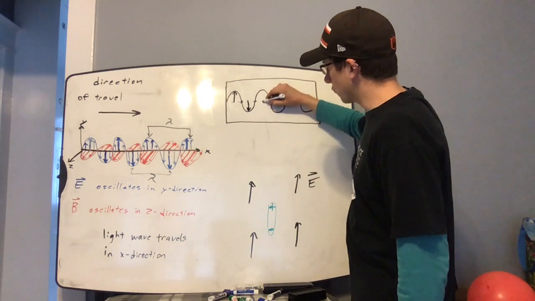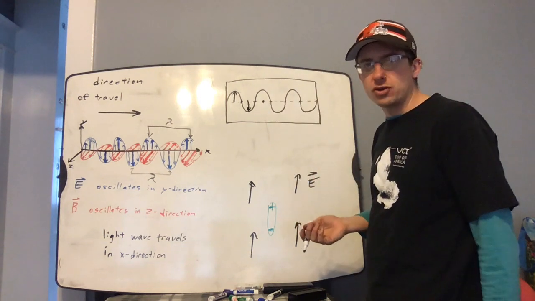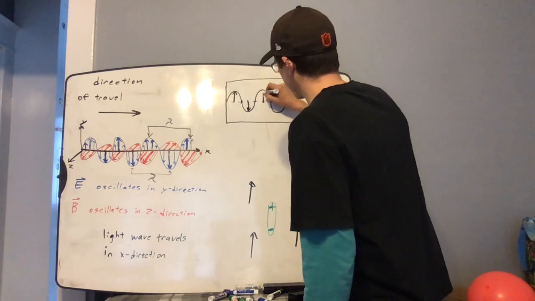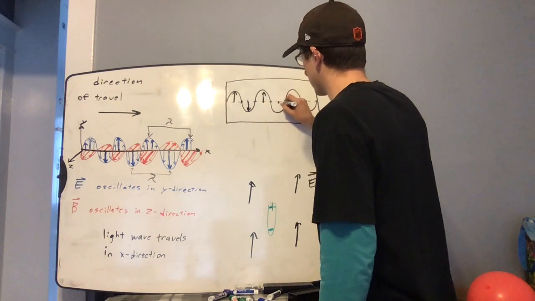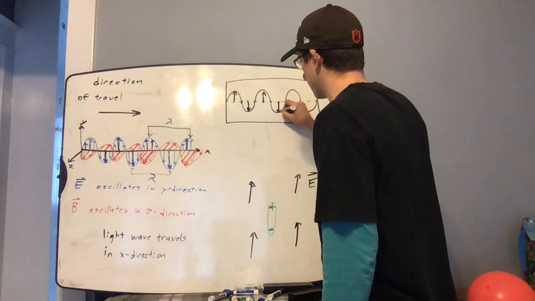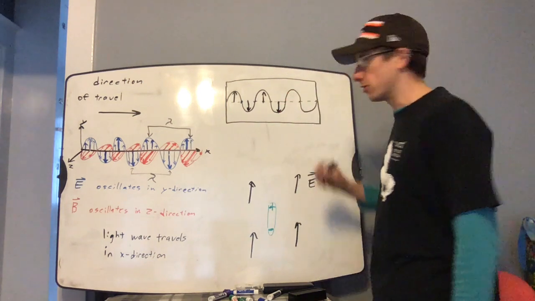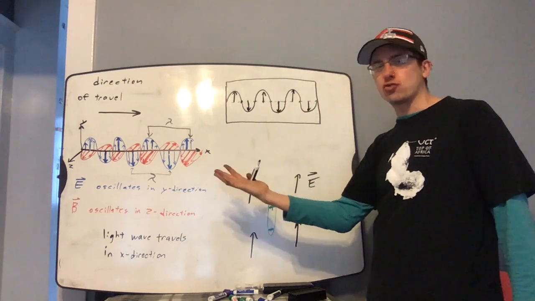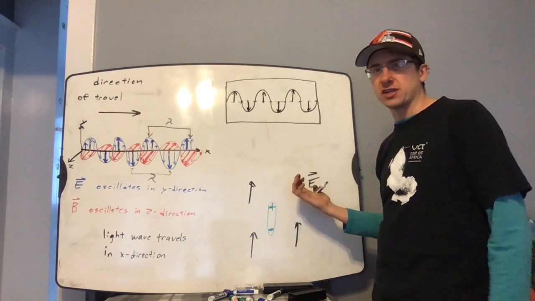And at this location right here, the value of the electric field is really large and pointing upward. And here, the value of the electric field is really large but pointing downward. And we have this continuous very strong and positive, very strong and negative.